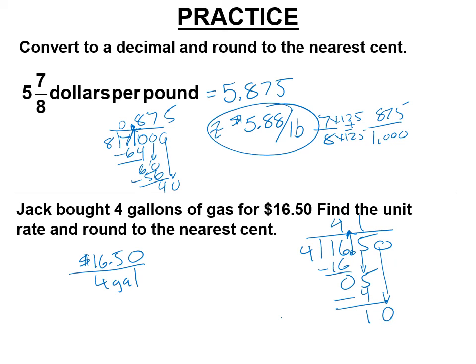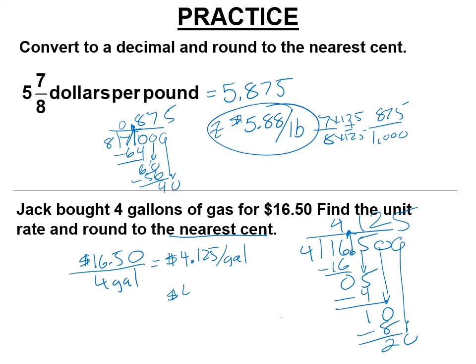Bring down a 0. 4 into 10 goes twice. 2 times 4 is 8. Remainder 2. Bring down a 0. 4 into 20 goes 5. All right, so it's exactly $4.125 per gallon. We're going to round that to the nearest cent, it says. So $4, and the 5 makes it go up to $4.13 per 1 gallon.